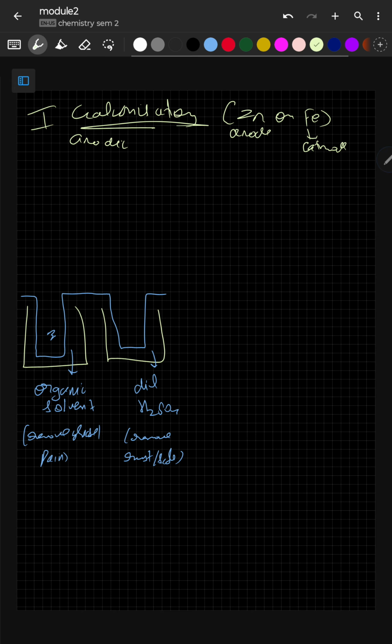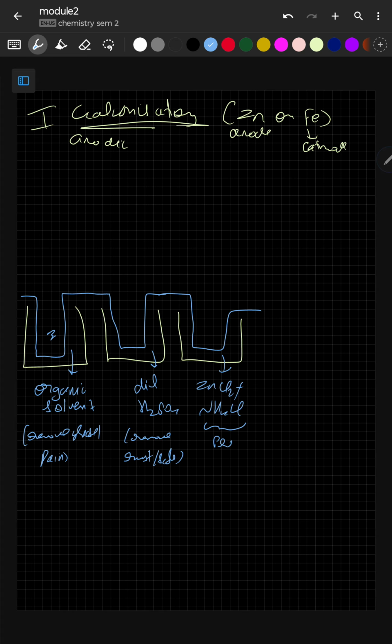Then we are going to dip it in ZnCl2 plus NH4Cl. What is this going to do? It's going to prevent the oxidation of zinc.